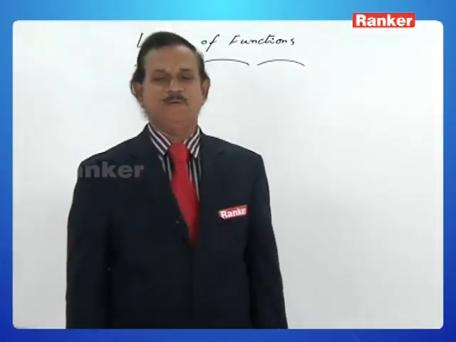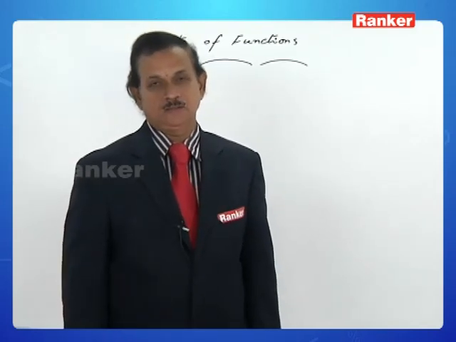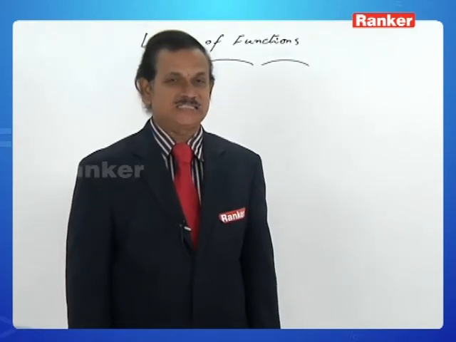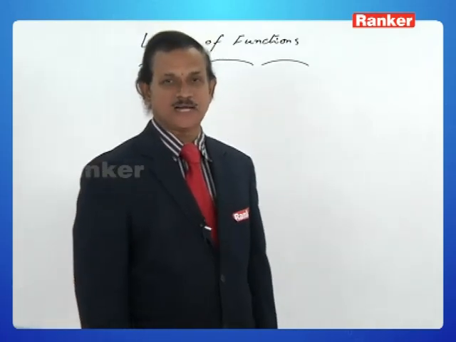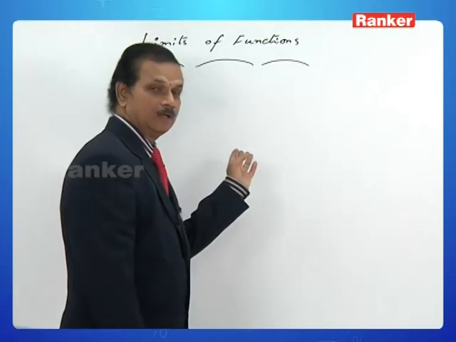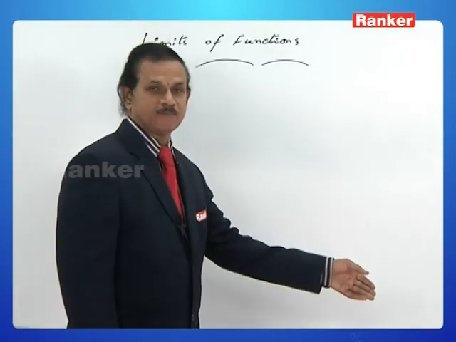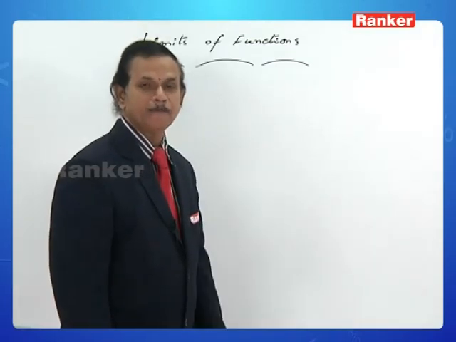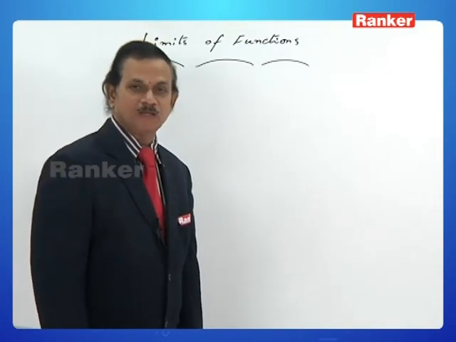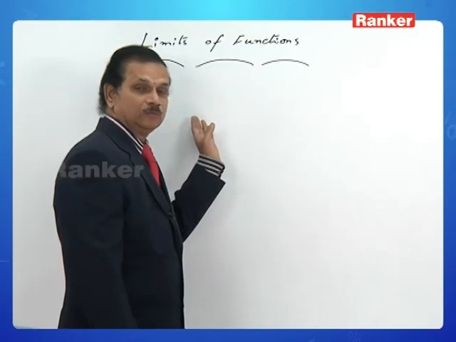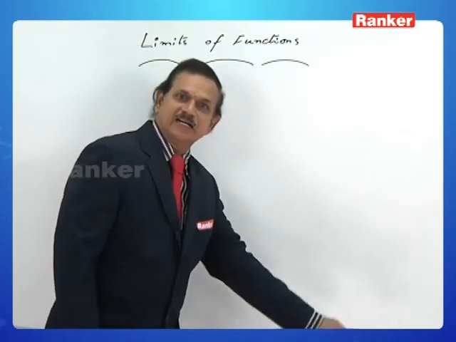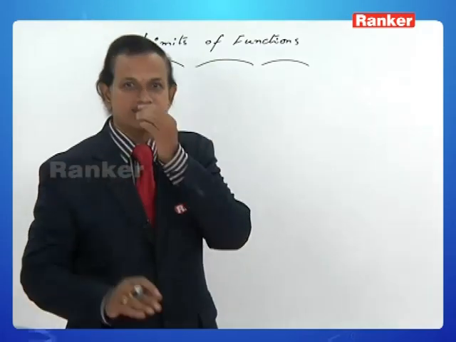In the previous discussion, we did not mention the size of epsilon and delta. Epsilon is of course the radius of the neighborhood around L. Delta is the radius of the neighborhood around A. The actual concept involved in the definition is, for every epsilon greater than 0, there is delta greater than 0. That must be said in the beginning.